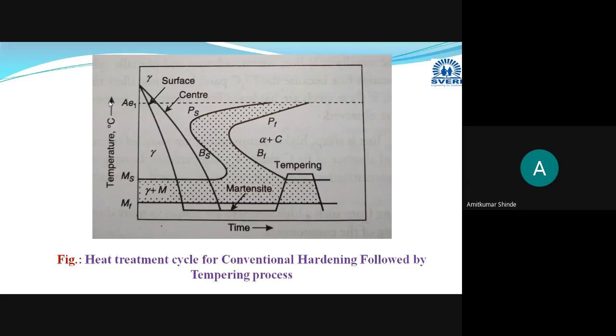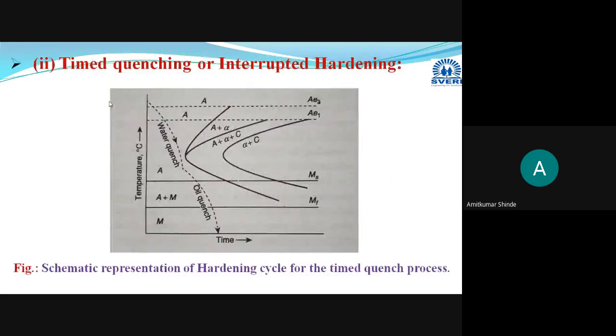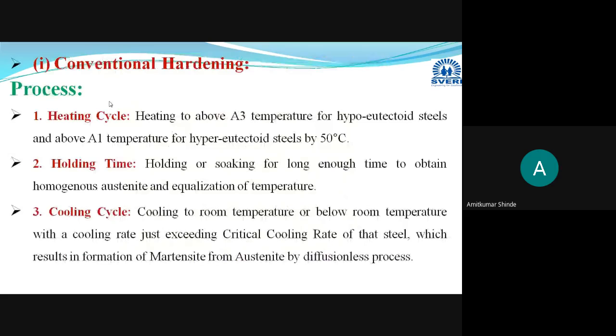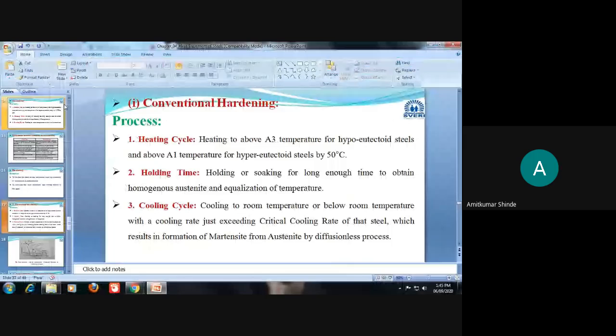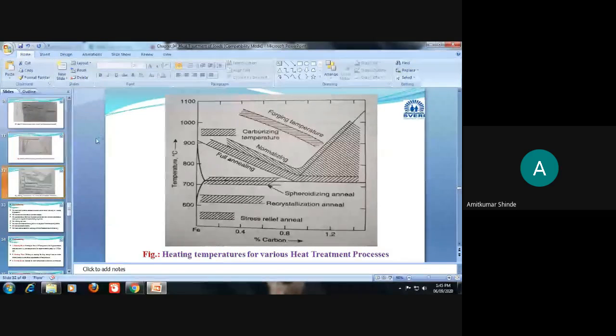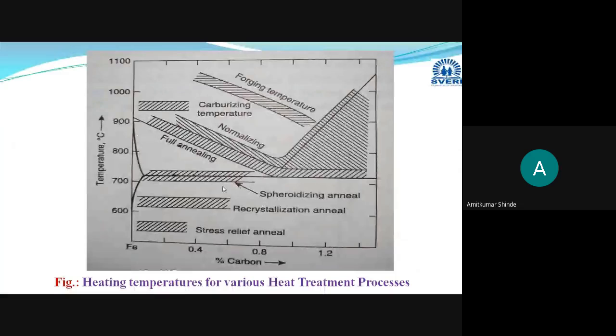Wait, I will show you that in the diagram here. I think in this diagram it is not visible. I will show you that in this. Okay, this is the diagram. You can clearly see it. Here this is the temperature zone.